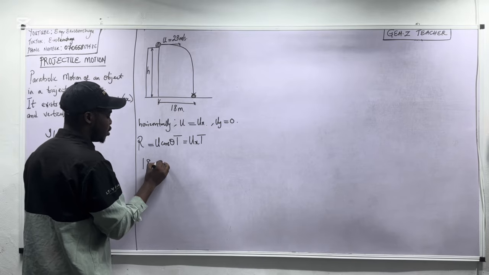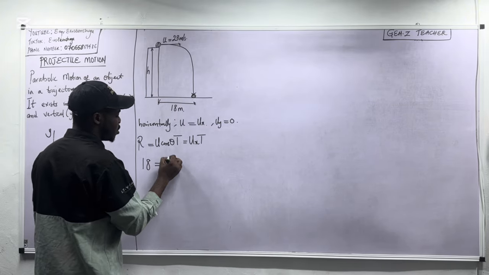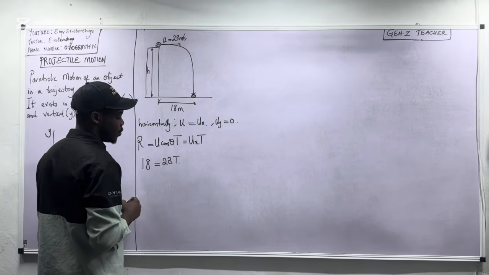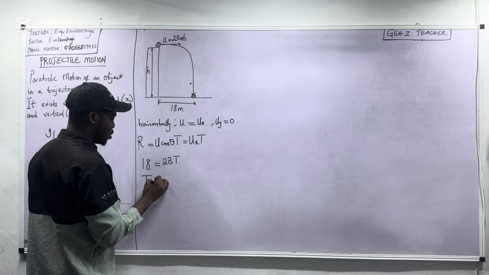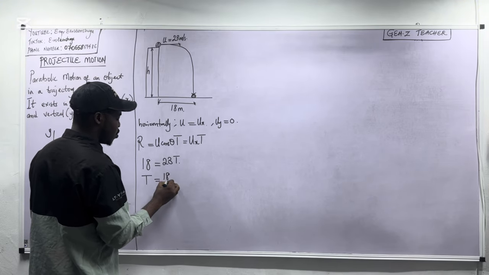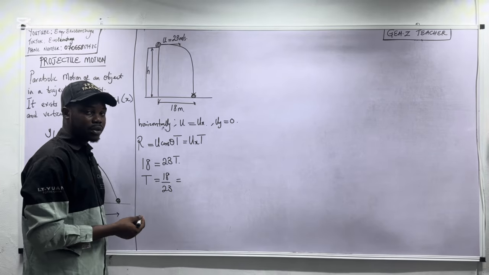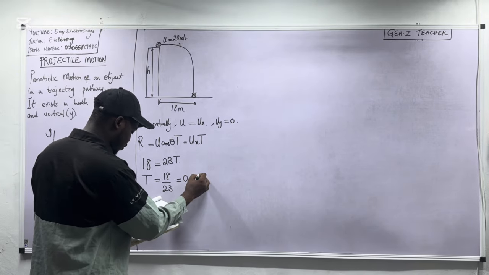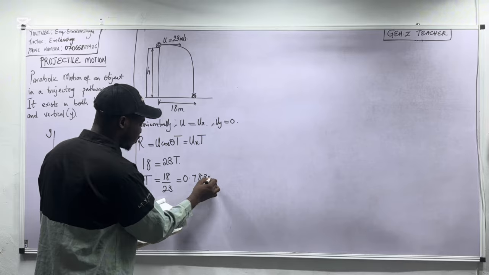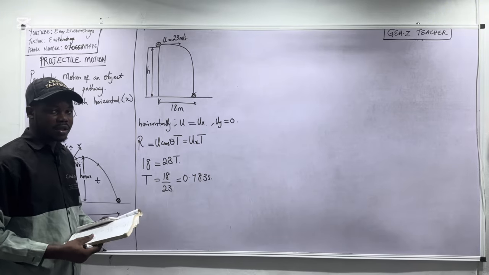So 18 equals 23 times t. Therefore t becomes equal to 18 over 23. Dividing these two values gives us 0.783 seconds.